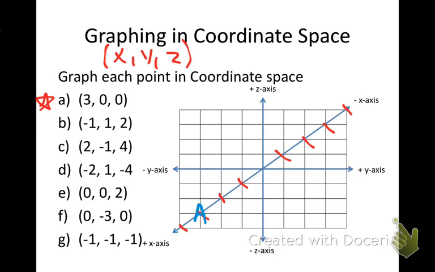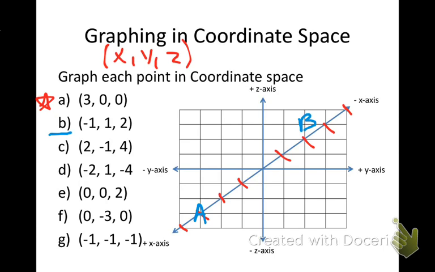The next one now gets a little tougher. B is -1, 1, 2. So I'm going to go back 1, right 1, up 2. B is actually located right there. Now I'm going to explain that again with the highlighter. I'm going to go back 1, right 1, up 2, and that's how I get to B. Take a couple seconds to see if you can graph the other 5 points on this coordinate space.